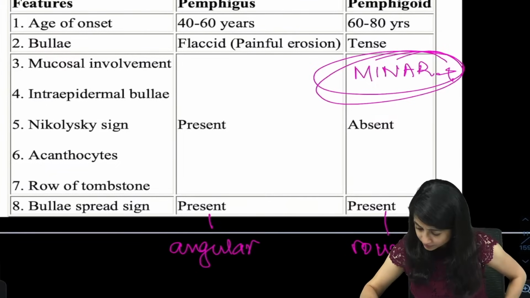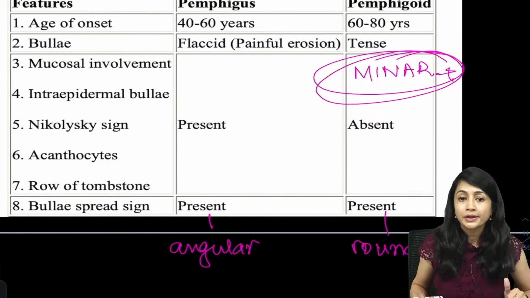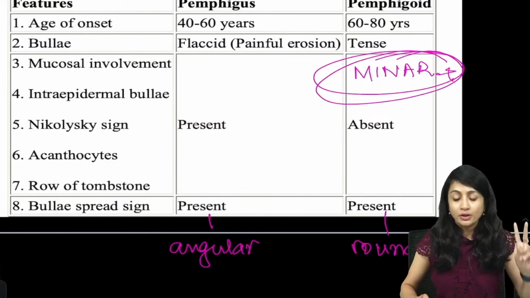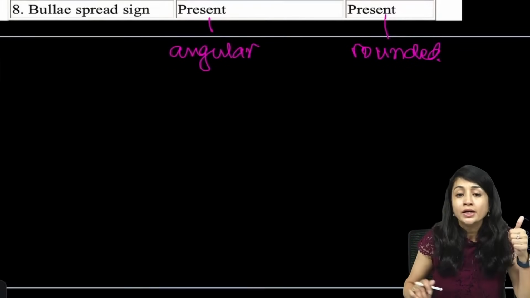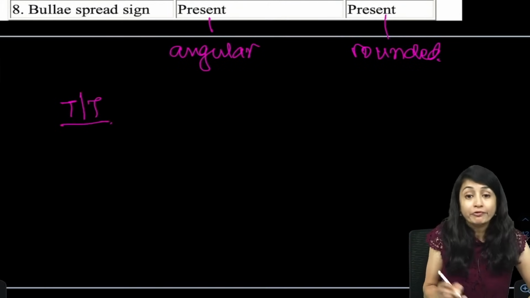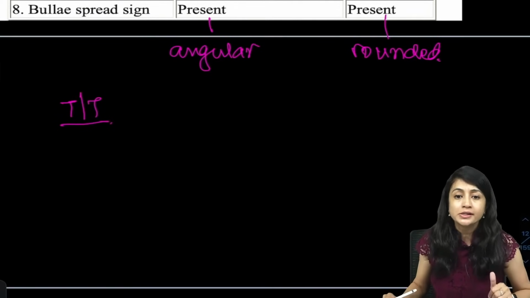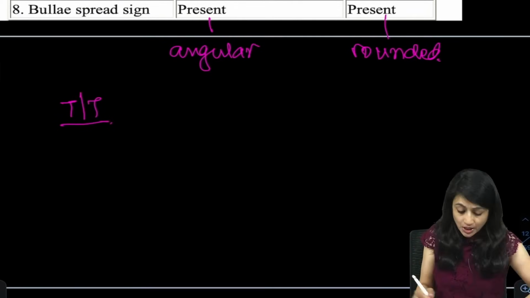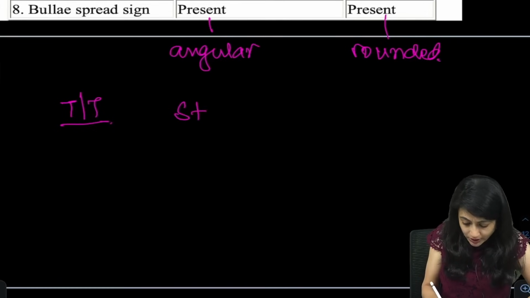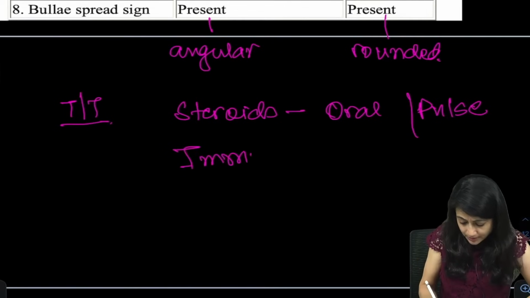Perfect. Clear? So this is how you differentiate between pemphigus and pemphigoid. Quickly, in treatment, my treatment of choice is, okay, so when I write the treatment of choice, till then I want you to tell me which biological is used for this group of disorder. So treatment is steroids, either oral steroids or pulse steroids, along with immunosuppressants.